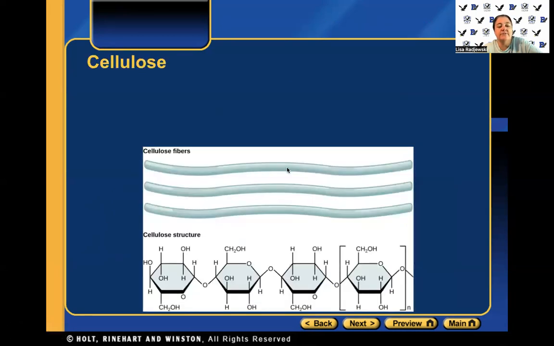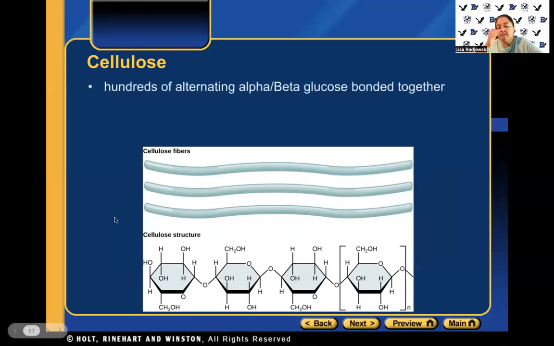Cellulose is also called fiber, which you might have heard about in your diet, that you're supposed to have fiber in your diet. And here is the chemical structure of cellulose. So cellulose is actually alternating alpha, beta glucoses bonded together.